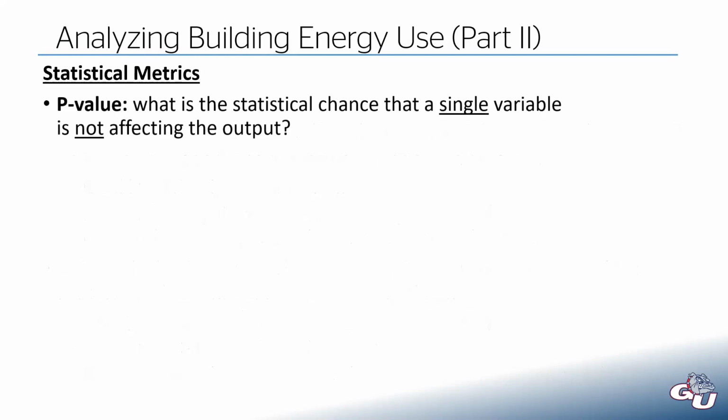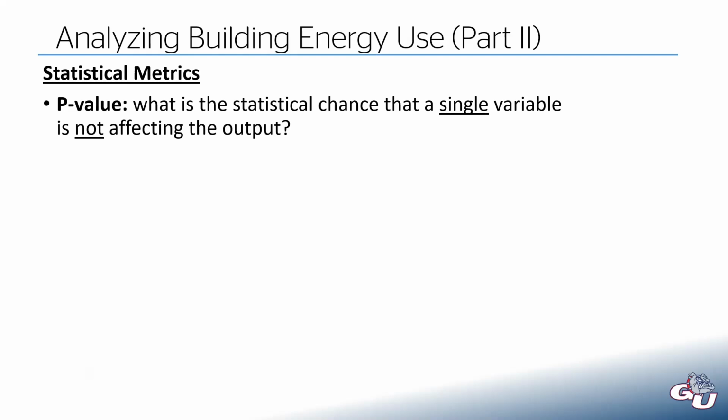So the next one is what's called the p-value. This may be a little conceptually hard to wrap your head around, but the p-value is the statistical chance that a single variable is not affecting the output.